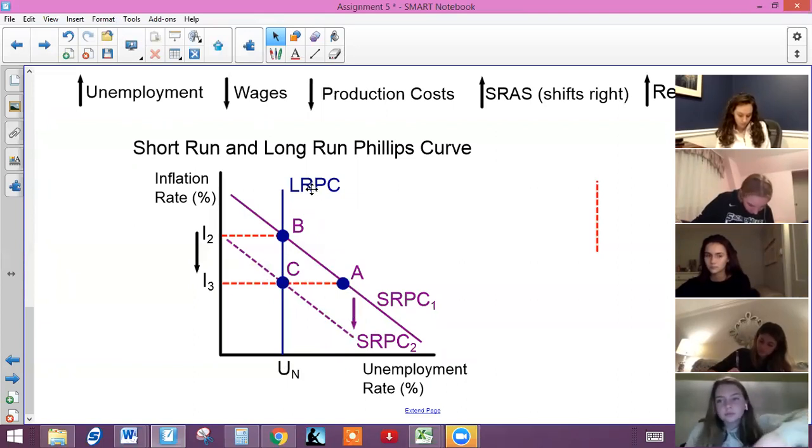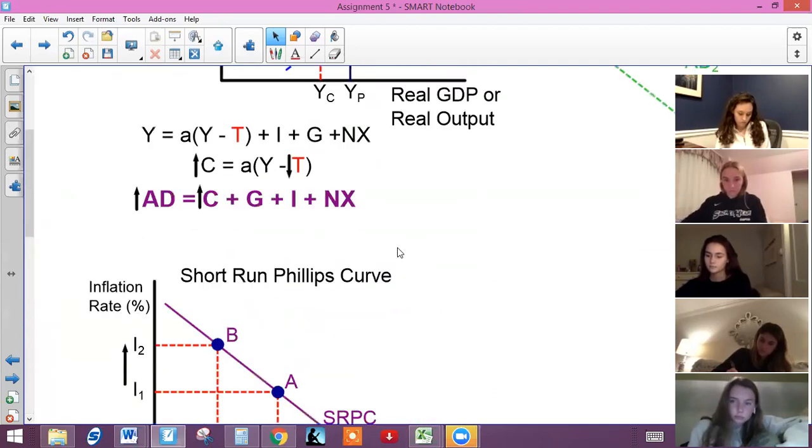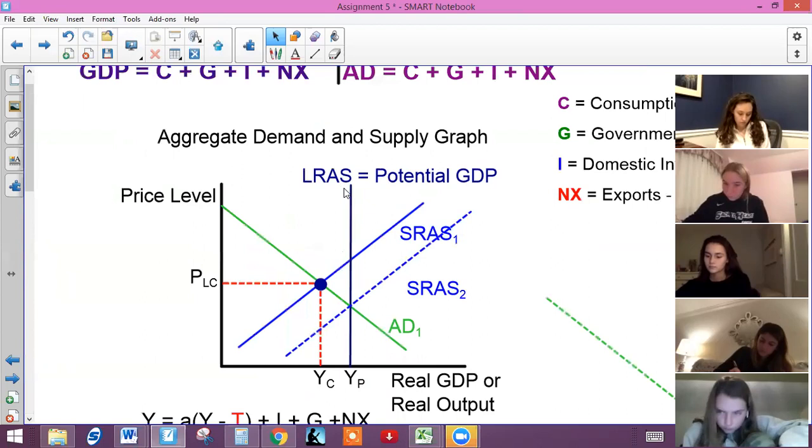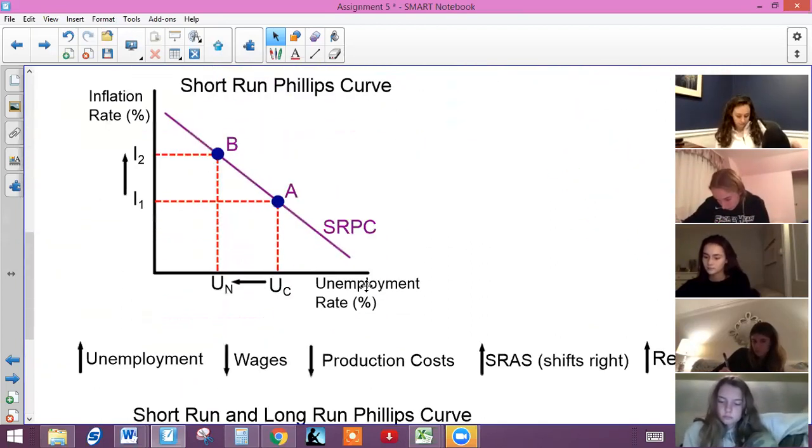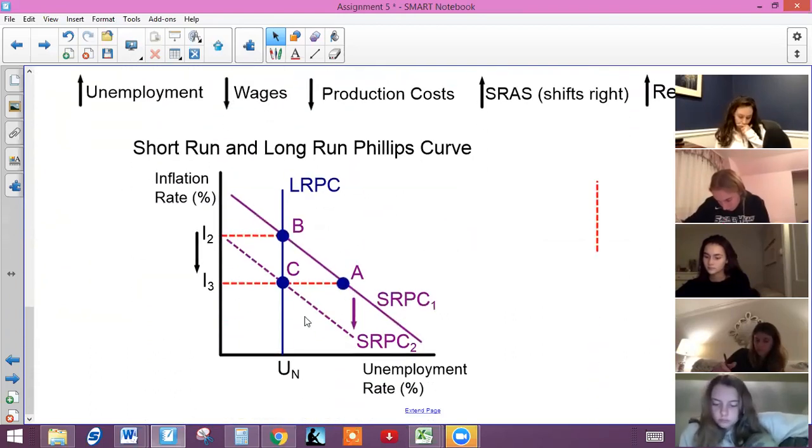But once again, the long run Phillips curve is vertical, just like the long run aggregate supply curve is vertical, because there is only one potential GDP, and that does not change. Just like there's only one natural rate of unemployment, and that does not change.